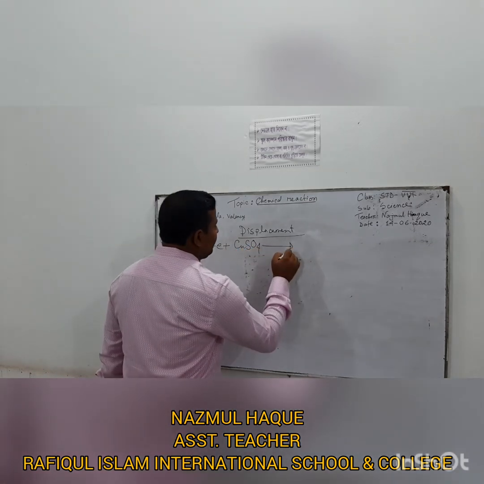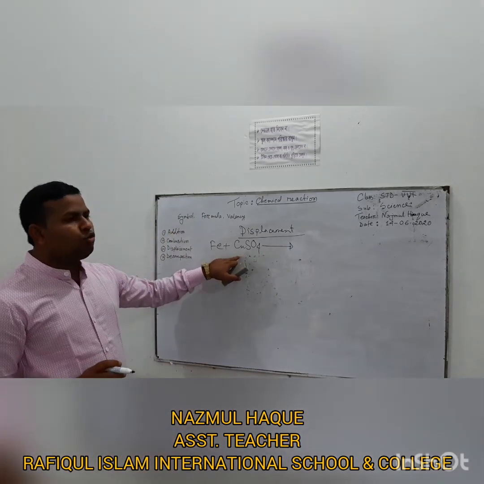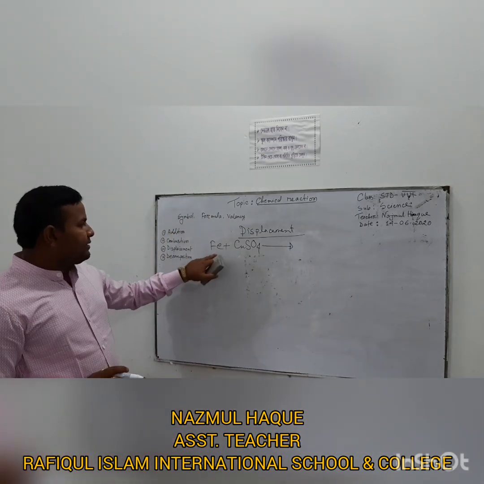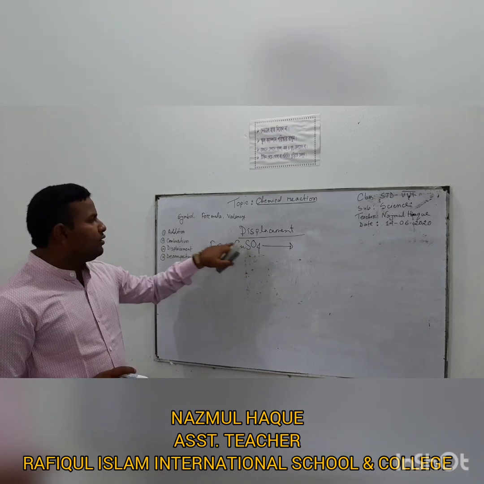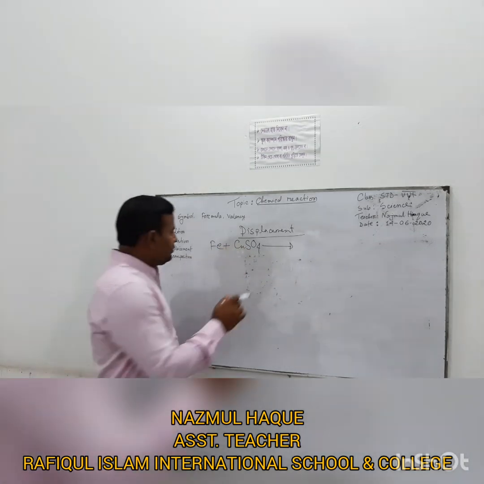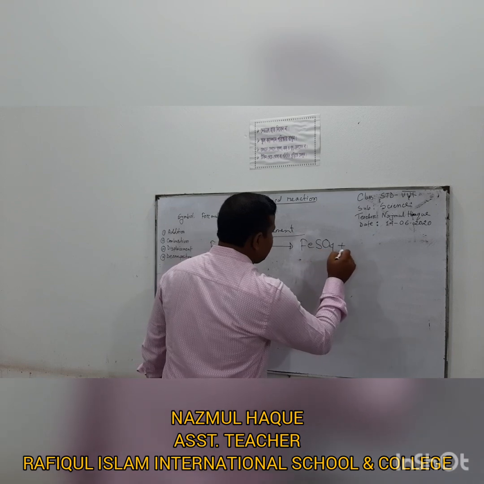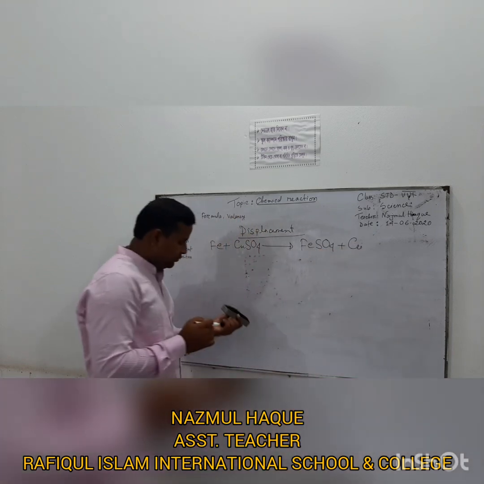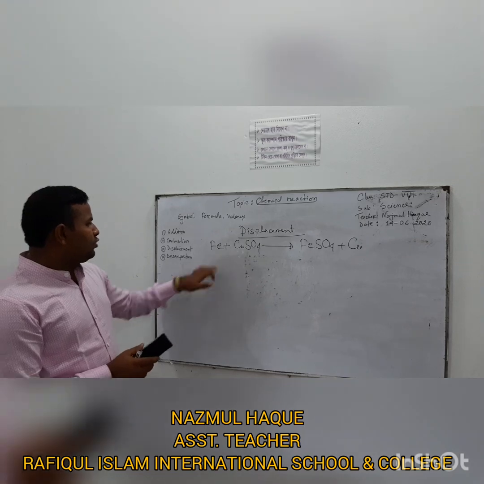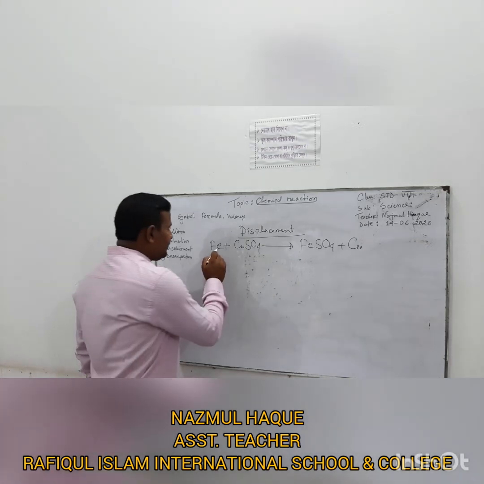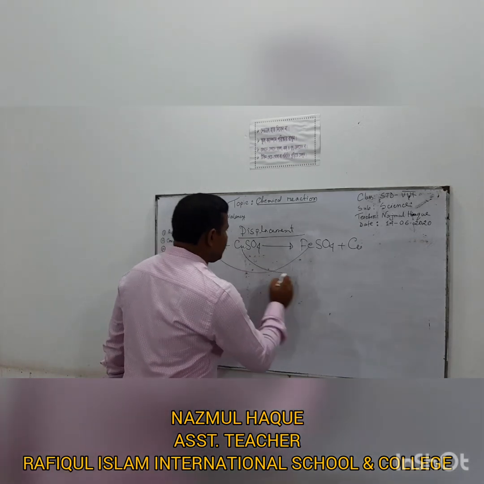The Bengali name of this one is called tooth. So, copper sulfate replaced, or this one, FeSO4 plus copper. So, here this one replaced here, this one replaced here, and this one replaced here.